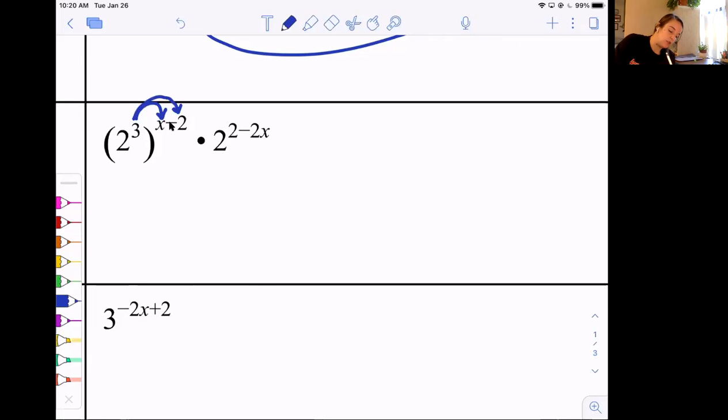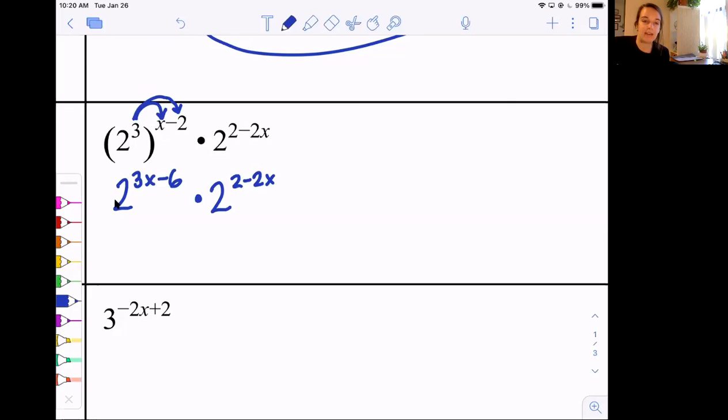So I'd have 2 to the power of 3x minus 6, times 2 to the power of 2 minus 2x. So this is showing that power of a power step there.